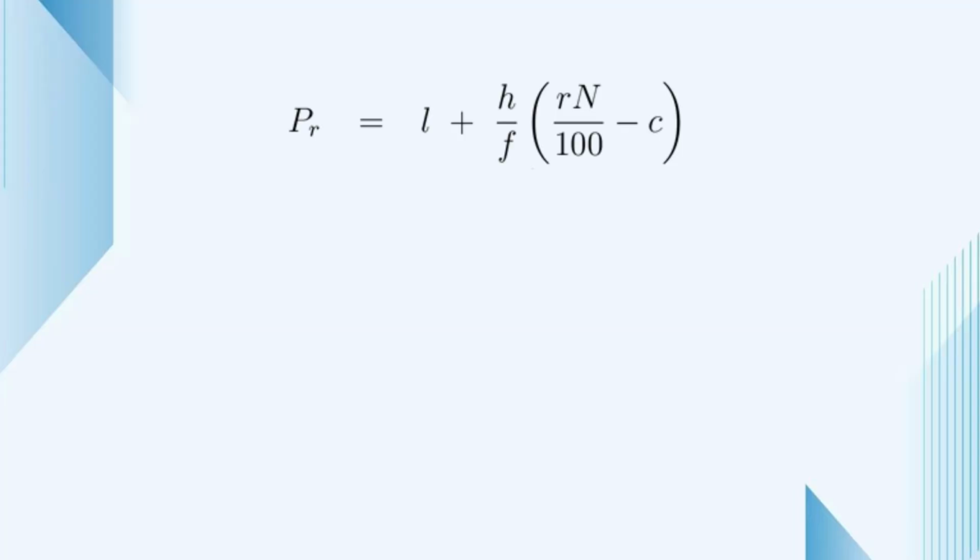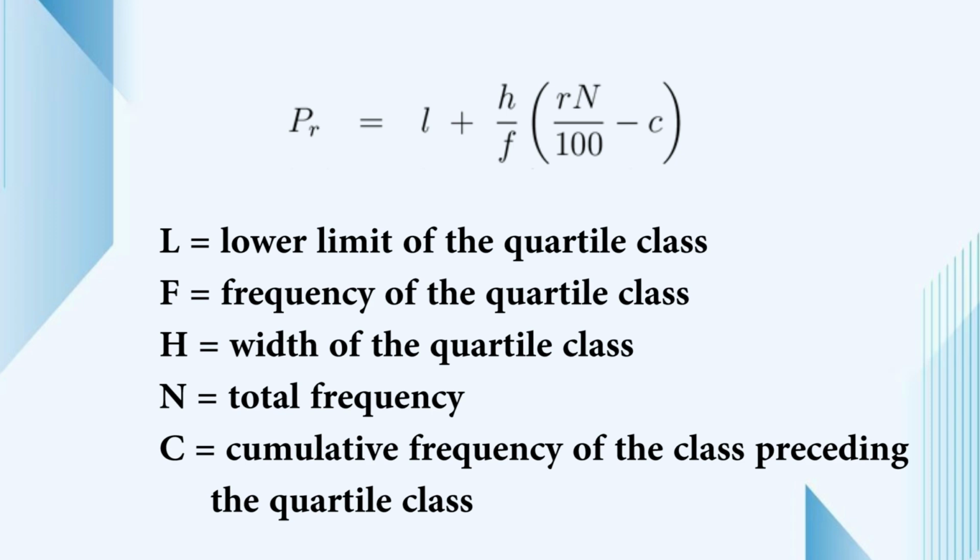Once the percentile class is identified, the percentile is obtained by using the interpolation formula given by percentile is equal to L plus h by f into (r n by 100 minus c), where L is the lower limit of the percentile class, f is the frequency of the percentile class, h is the width of the percentile class, n is the total frequency, c is the cumulative frequency of the class preceding the percentile class.